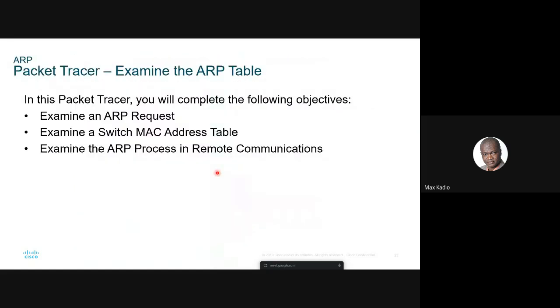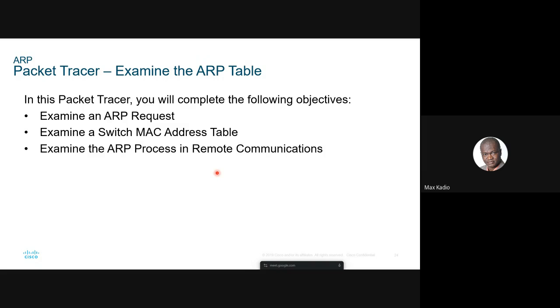Okay, so to keep it simple, ARP is what? I know the destination IP address, but I don't know the MAC address to complete my packet. So when the packet leaves my PC to go to the router, my source MAC will be my PC, and the destination MAC will be the interface of the router, and step by step until it goes.